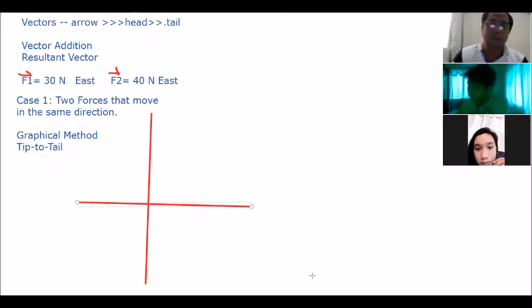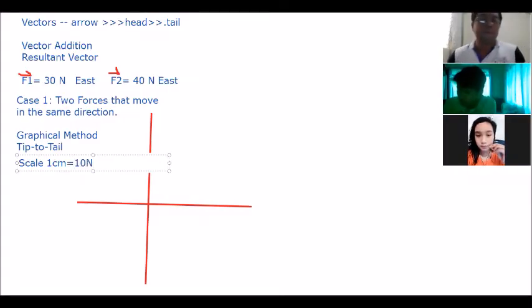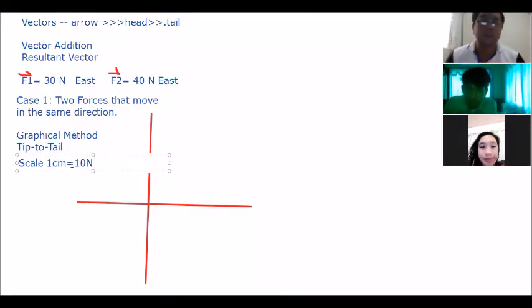So we need as well our scale. We will use a scale of 1 centimeter equals 10 newtons. Do you still remember this one? For every 1 cm, we will use 10 newtons.